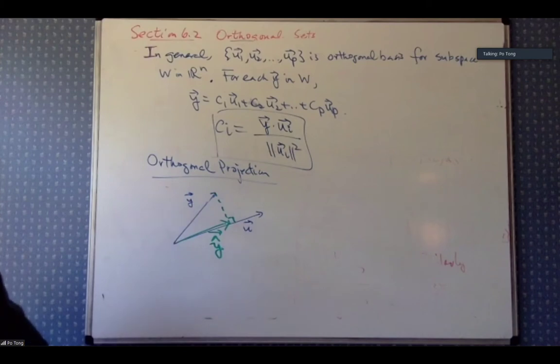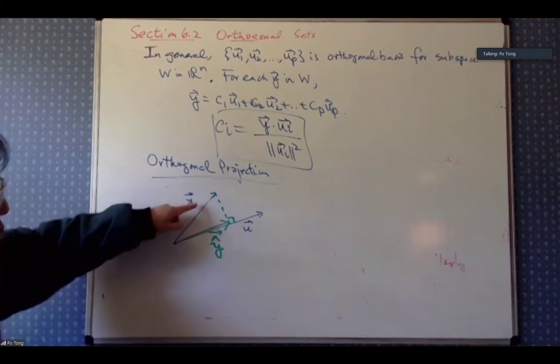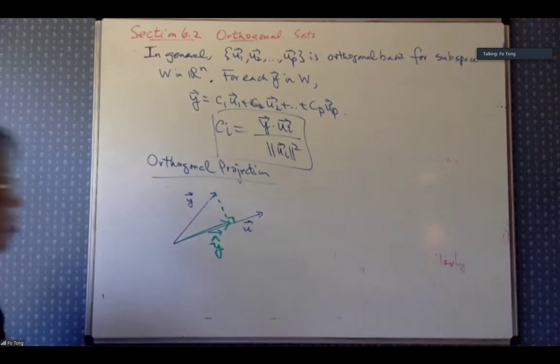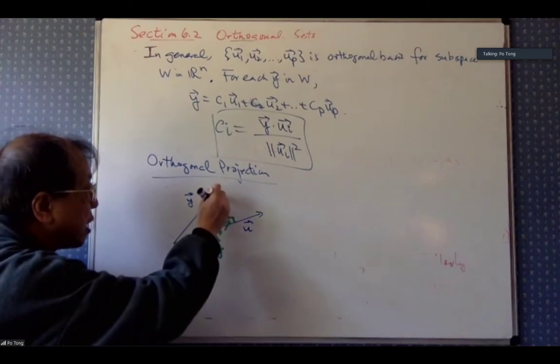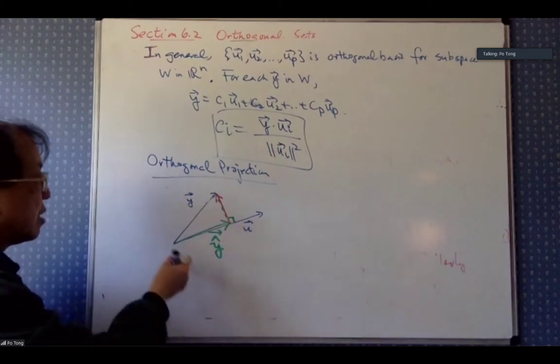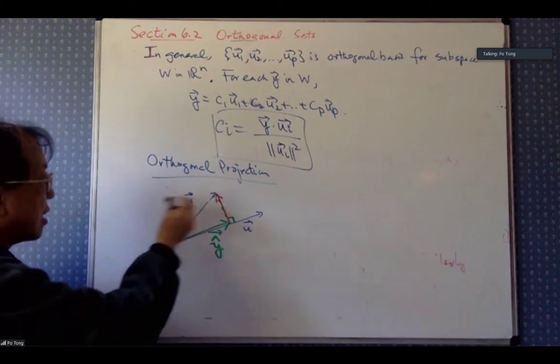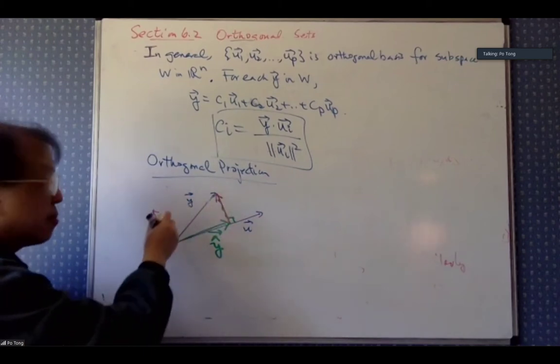Now, it's not that difficult to find the projection based on what we have just learned. Because this original vector is going to be equal to this green vector plus this red vector. The red one is perpendicular, so I can actually redraw the red one here. These two are the same.